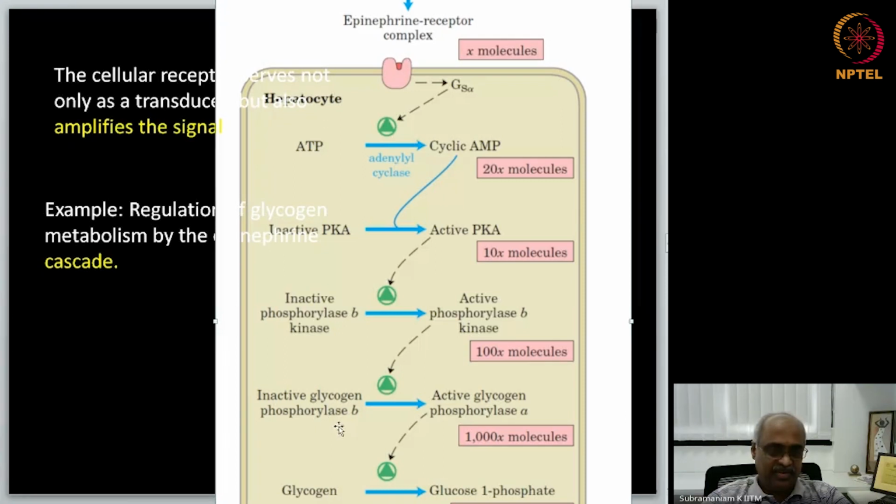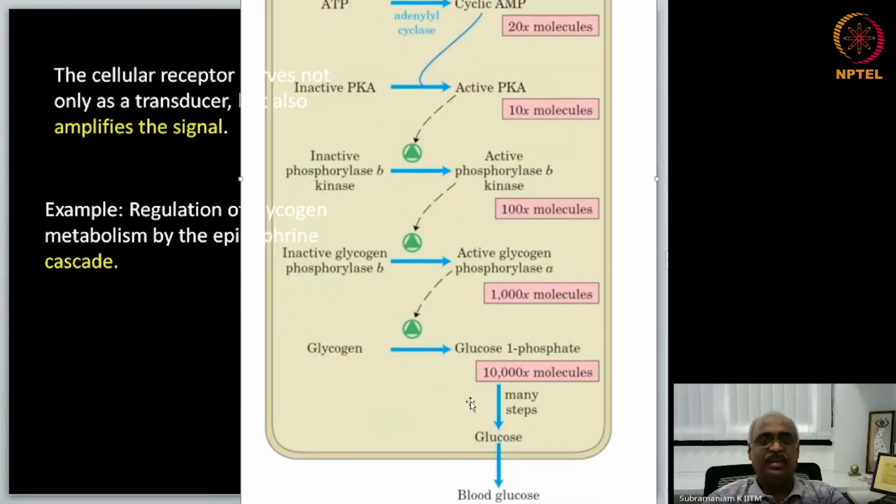Now that enzyme goes and activates another one where you get 1000, and finally for one molecule of epinephrine binding to receptor, you end up producing 10,000 glucose phosphate molecules, and then finally it becomes glucose and it gets into the blood. Okay, this is glycogen breakdown. Okay, because the signal we are talking about is epinephrine, which is inducing gluconeogenesis and glycogen degradation.